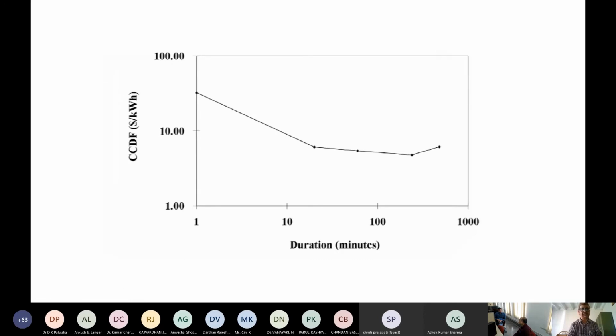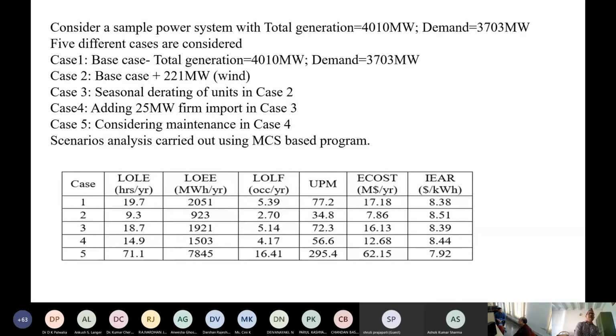And then now let us consider the sample power system with a total generation of this much, demand of this much, and let us consider 5 different cases. One is the base case, where this is the generation and this is the demand. And the second case is base case plus this much wind generation added.